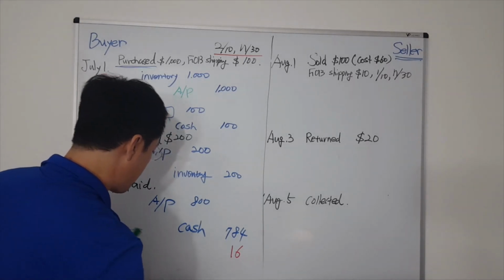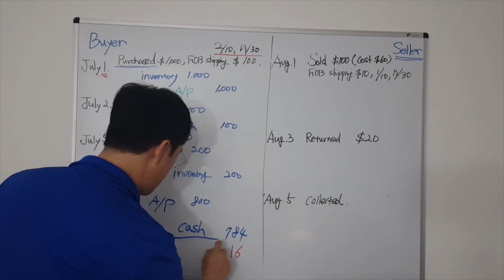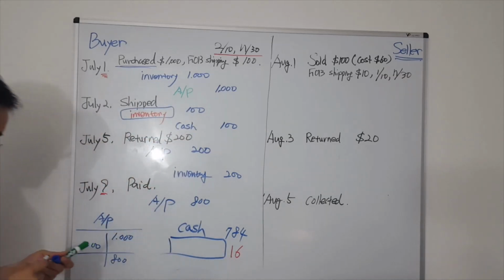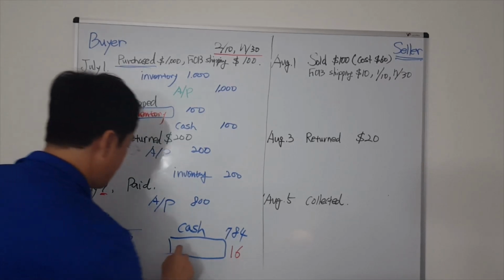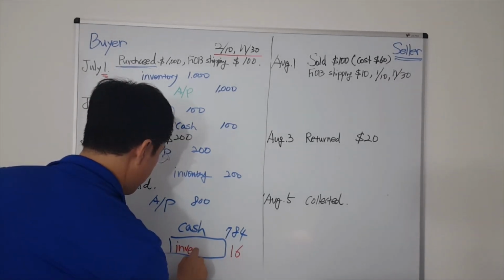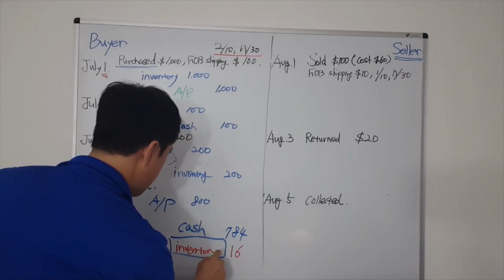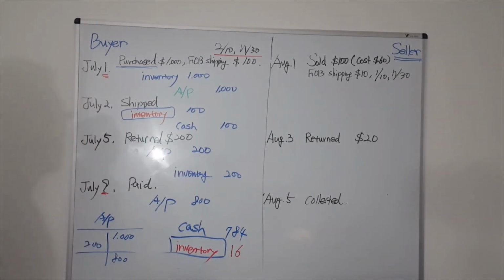What's the name of the account here? Discount or something? No. Inventory. See? That's how we operate the perpetual inventory system.